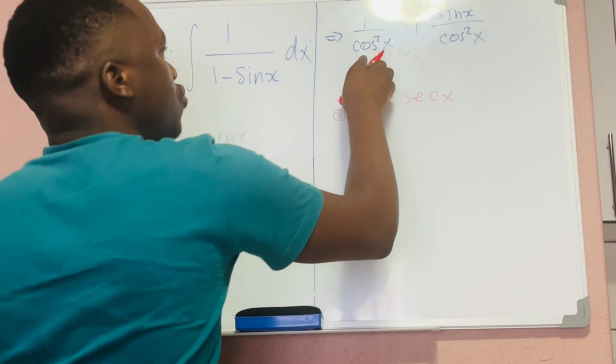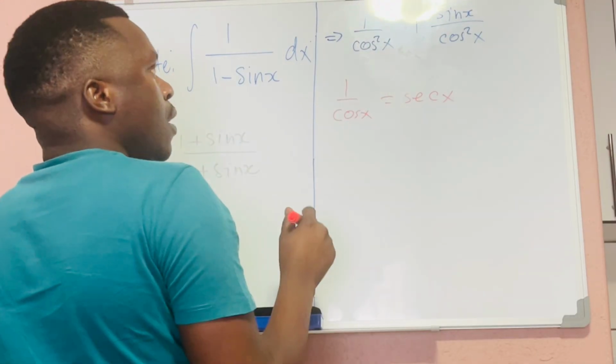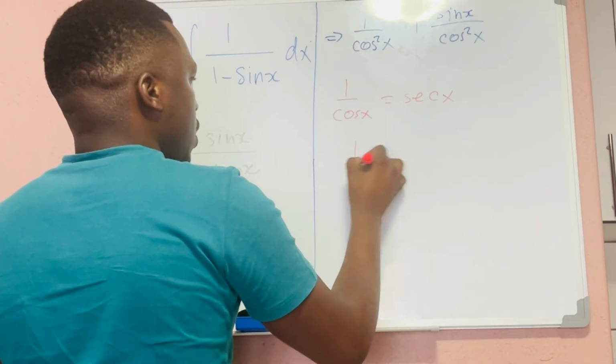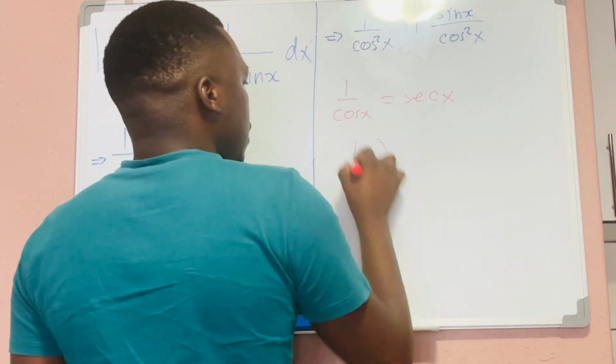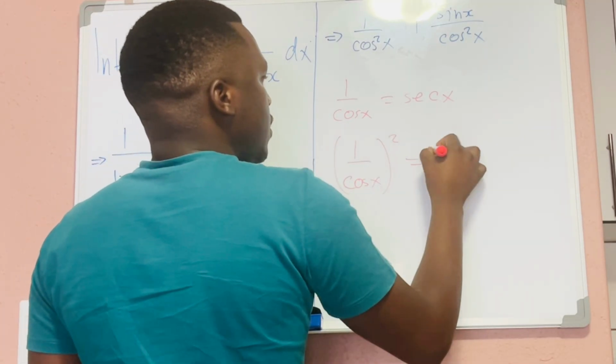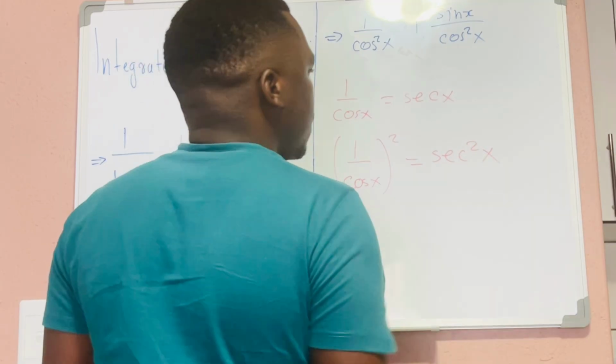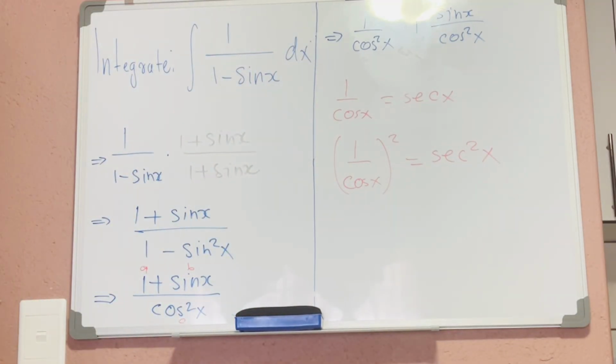But we are interested in 1 over cos squared of x, which is actually 1 over cos x squared, and this will just imply that we have the secant squared of x there, right? So that's what we have.